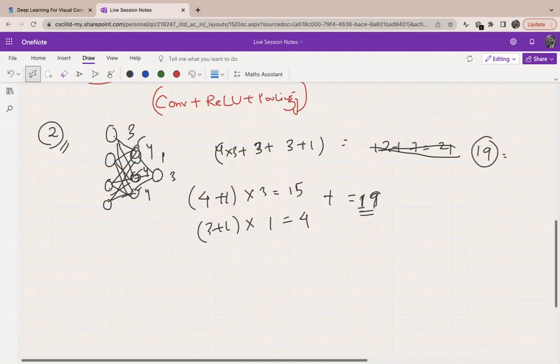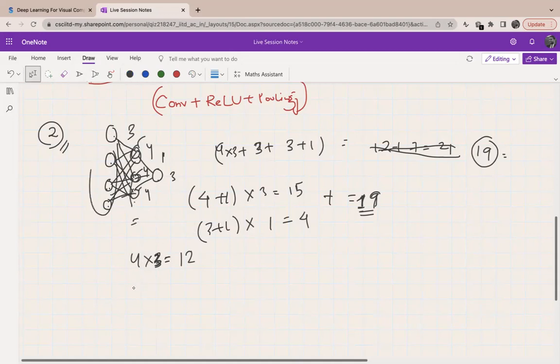So what I did is, here there are 4 nodes, right? If I multiply this with this layer, I'll get 4 into 3 equals 12. But along with these 4, there is another bias coming along with this.